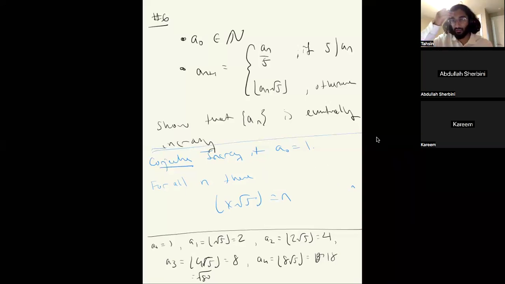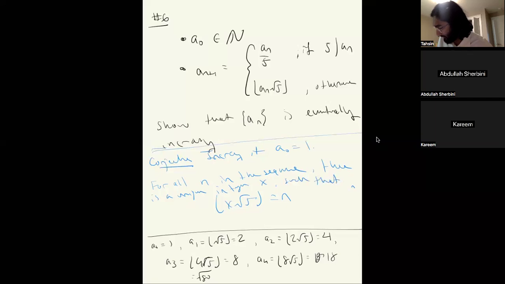That are in the sequence, you're saying? Yeah. I see. And when you say unique x, you mean a unique integer x, is that right? Yes. Okay, I see.